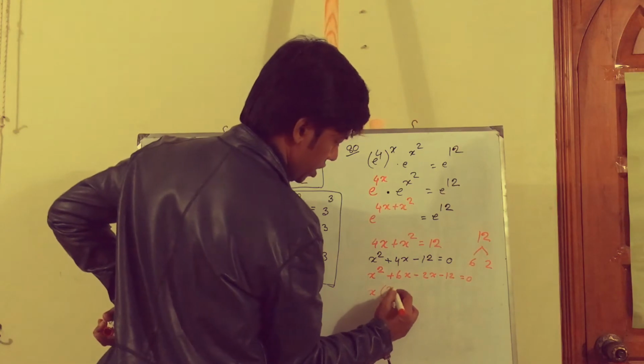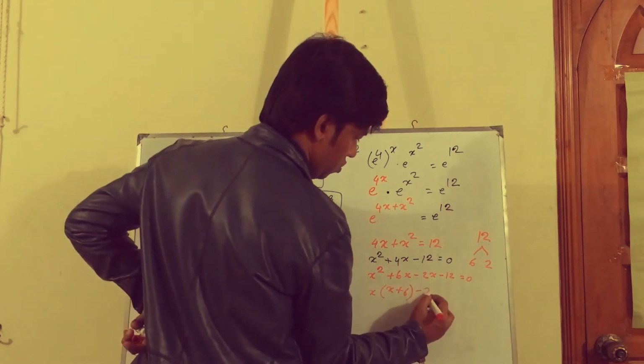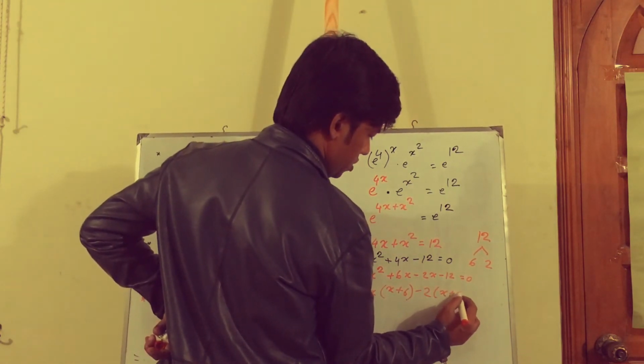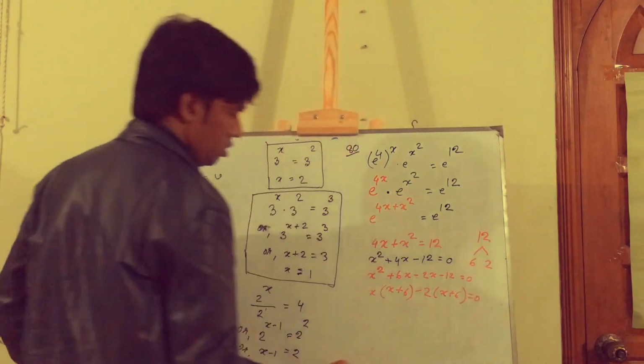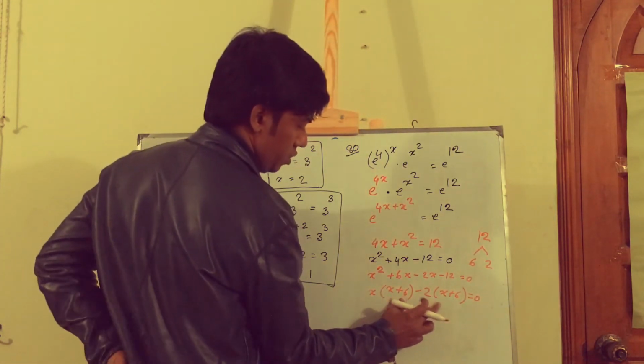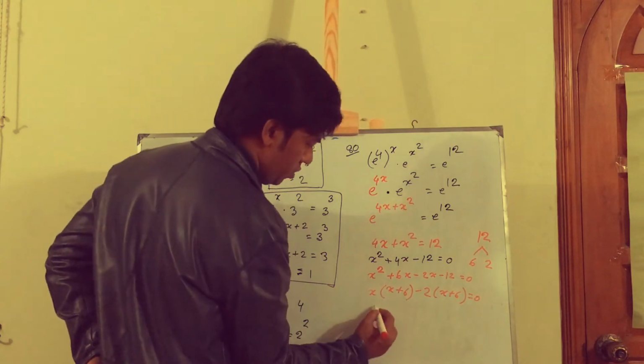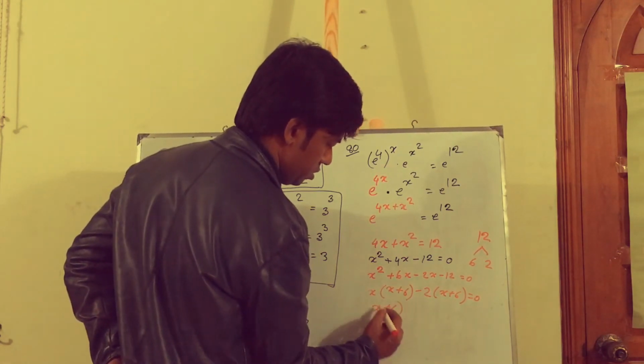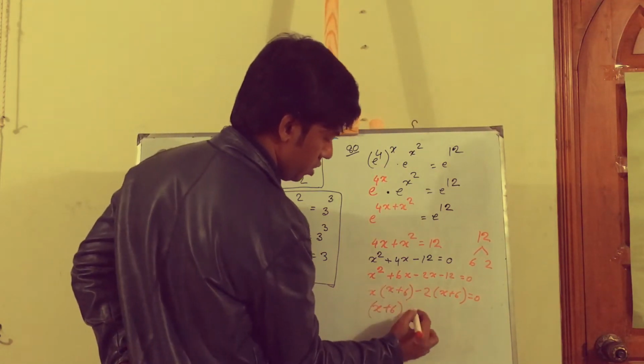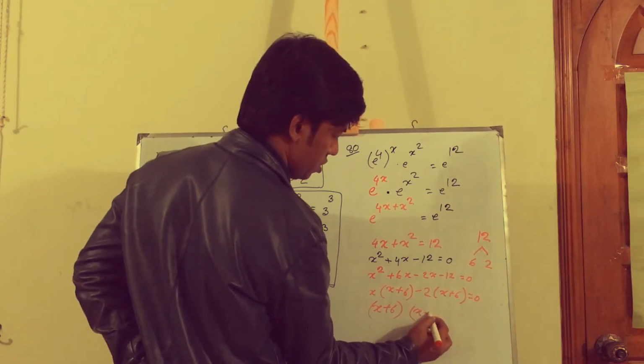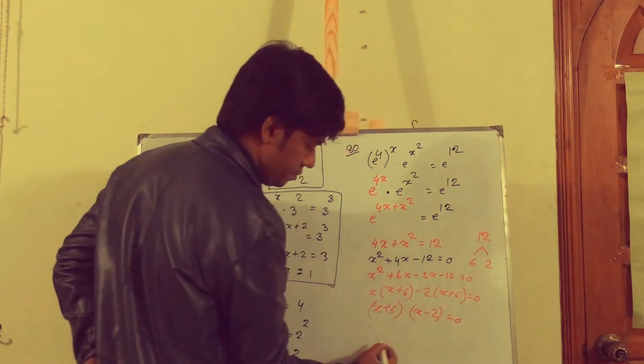So x common: x times (x plus 6) minus 2 common: 2 times (x plus 6) equals 0. Then, when you have this and this, take x plus 6 common. Then we write the remaining terms: x is remaining there and minus 2 is remaining here, equals 0.